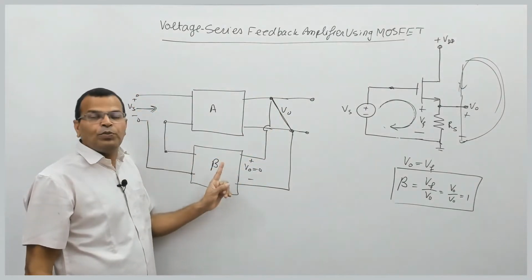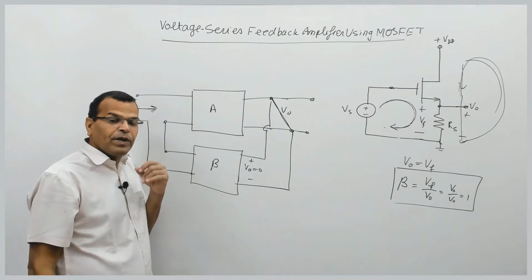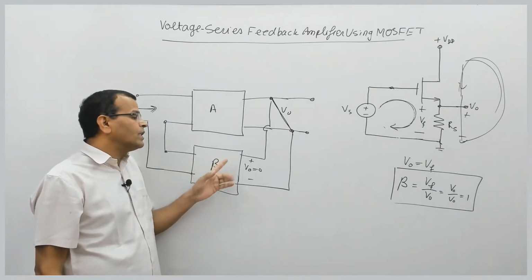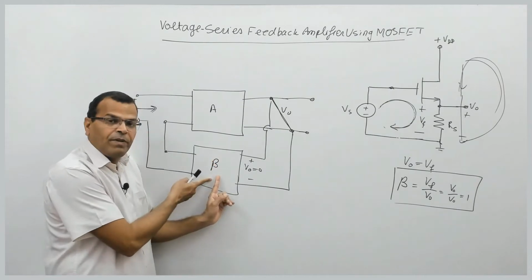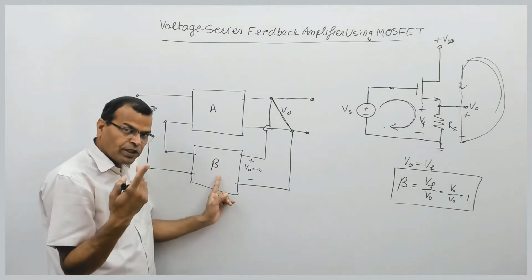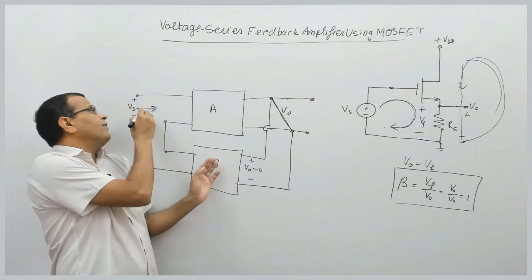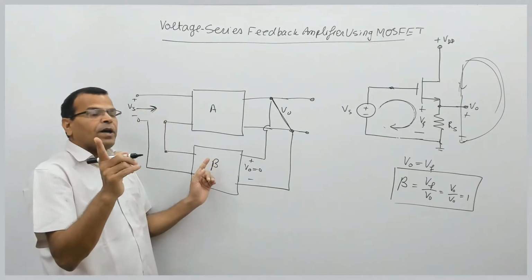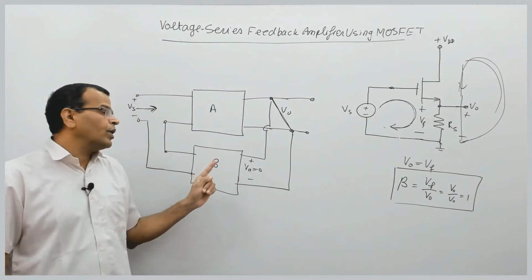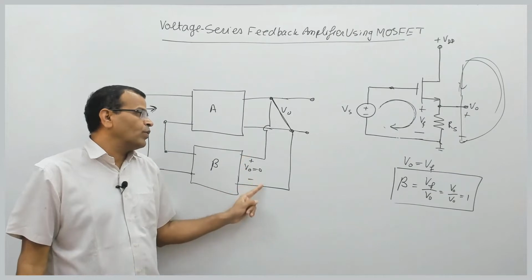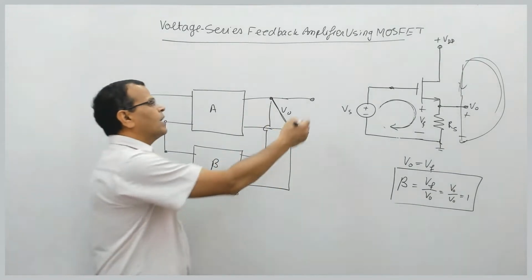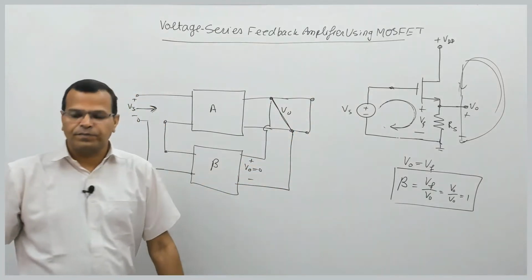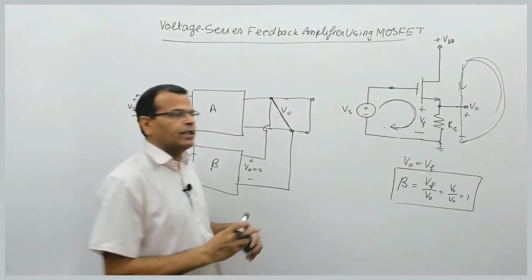For voltage sampling, what is the input to this feedback network? That is the output voltage. So for identification of the input circuit without feedback loading, I should reduce the input to the feedback network to 0, so that the output voltage is made 0, and the output voltage can be made 0 by short circuiting it. Now come back to the circuit.